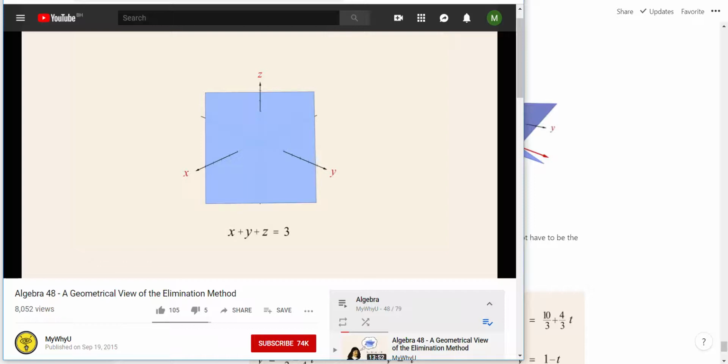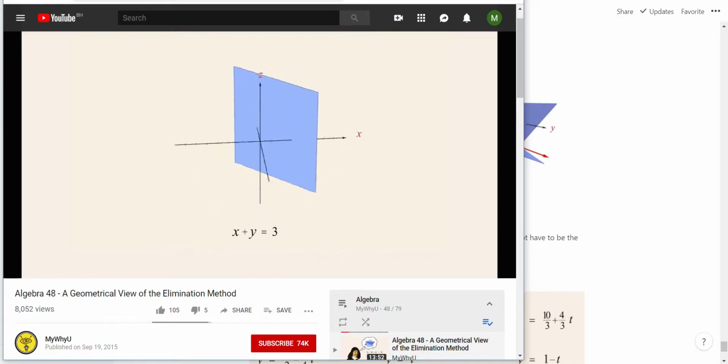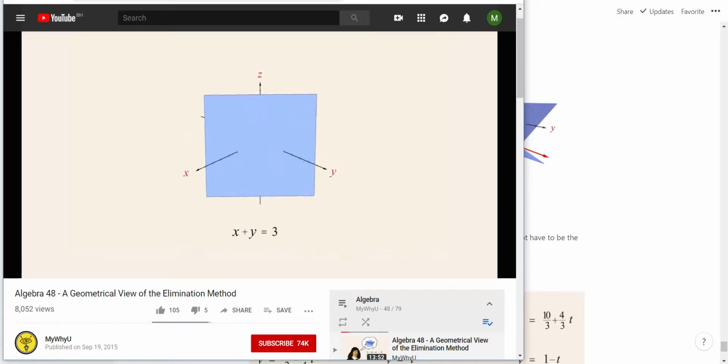On the other hand, the plane corresponding to an equation which does not contain the variable z will be parallel to the z-axis. The plane will either contain the z-axis or have no z-intercept. For example, if we eliminate z from this equation, we get the equation x plus y equals 3. This plane has no z-intercept.